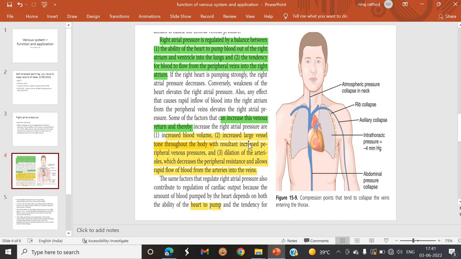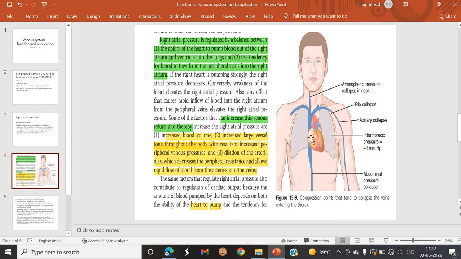Then under some stressful condition, there is sympathetic stimulation. We are learning this second point, sympathetic stimulation leading to vasoconstriction of veins. So suddenly all these veins are constricting, so ultimately the venous return is increasing in this right atrial pressure.